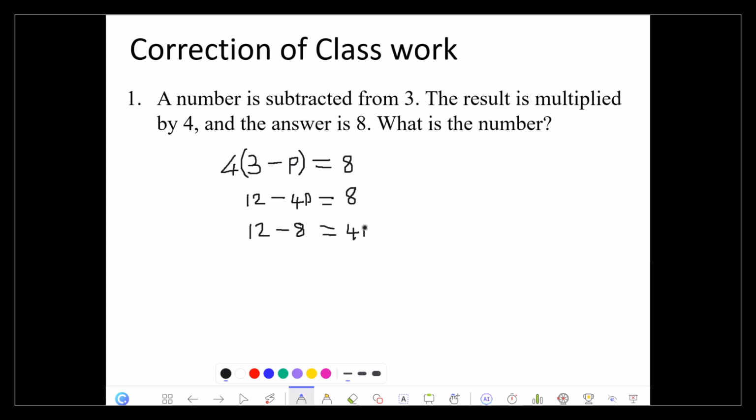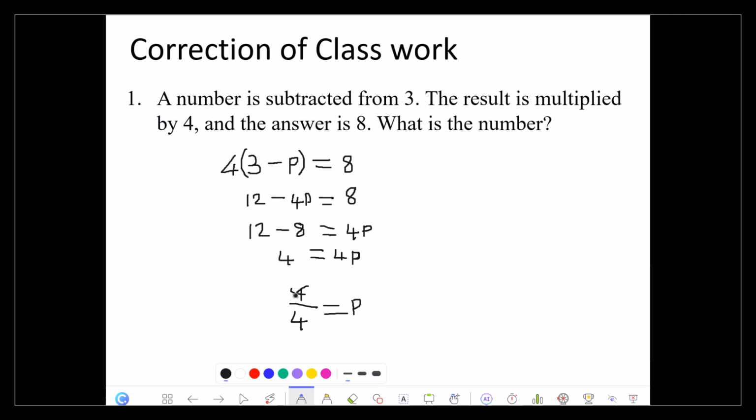Now to end this solution, we do 12 minus 8 to give us 4, which equals 4P. Then the next thing is to divide both sides by 4, which will give us 4 over 4 equals P.